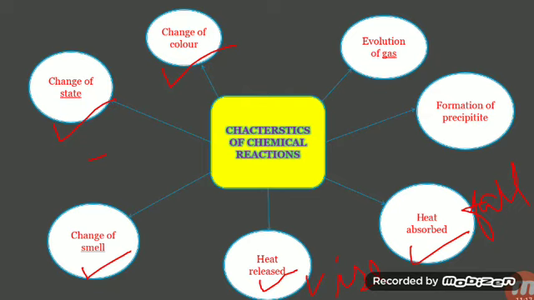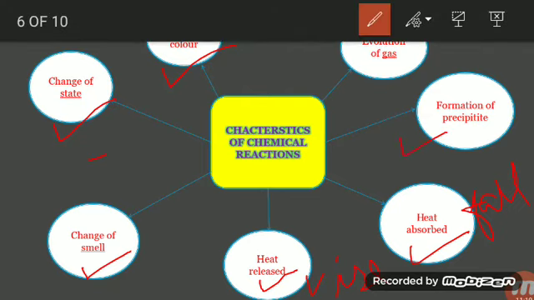Now, evolution of gas. I also wanted to mention in formation of precipitate that we indicate the formation of precipitate by a down arrow and evolution of gas by an up arrow.